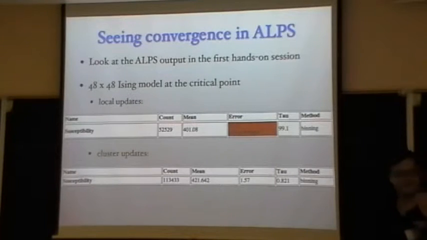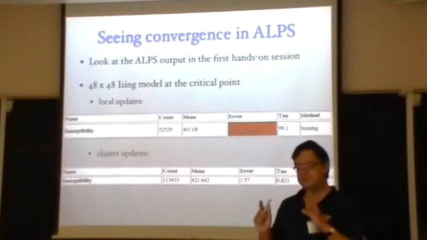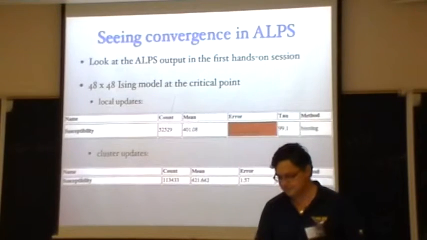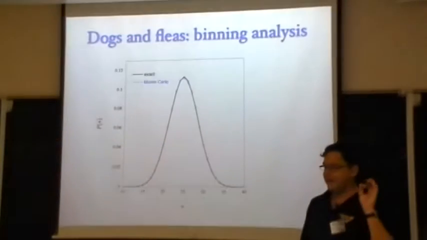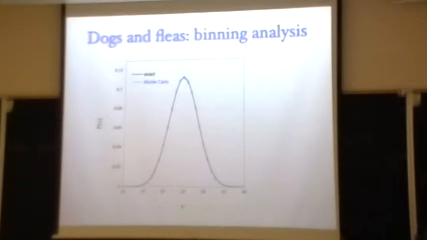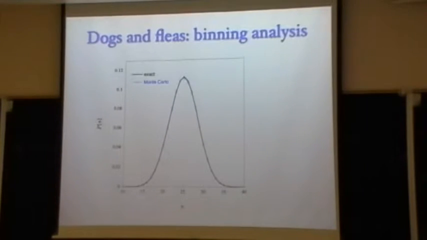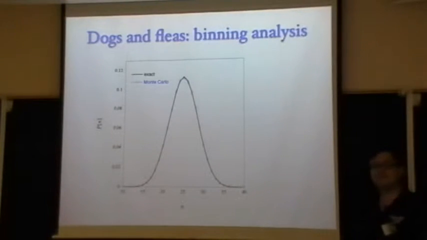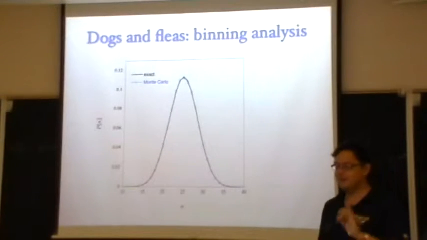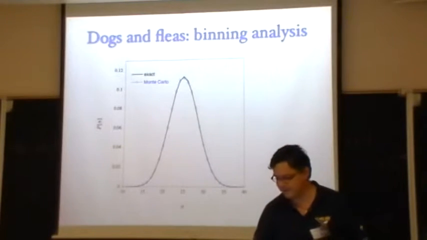The error bars are not converged. You have to run it much longer. This is now again the dog and fleece. The Markov chain process with the right error bars can calculate in the right way, and now there's a nice agreement. No problem with the binning, it all works out nicely.